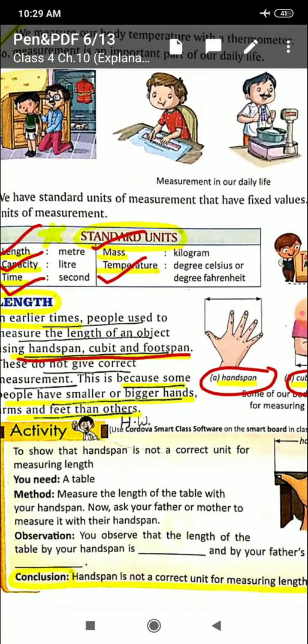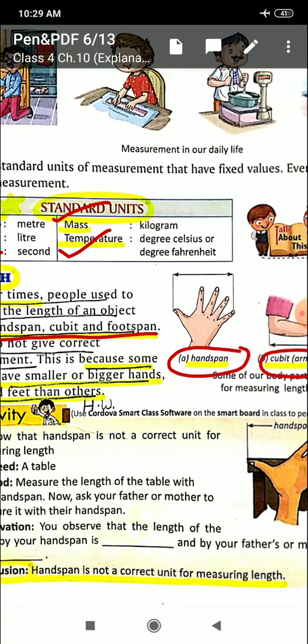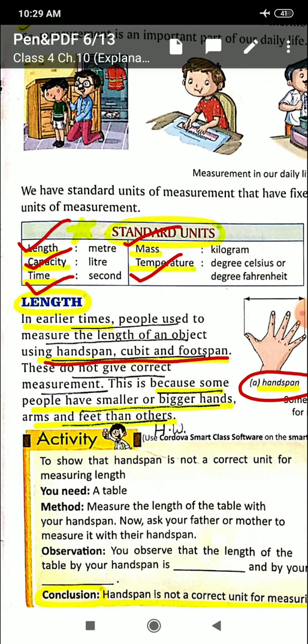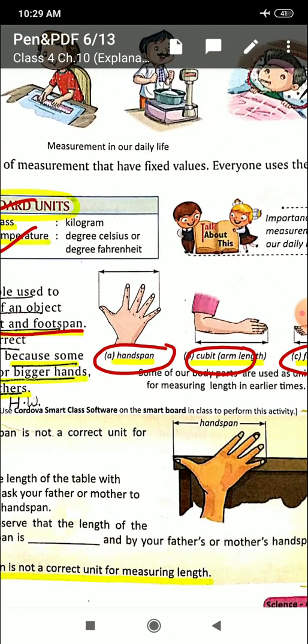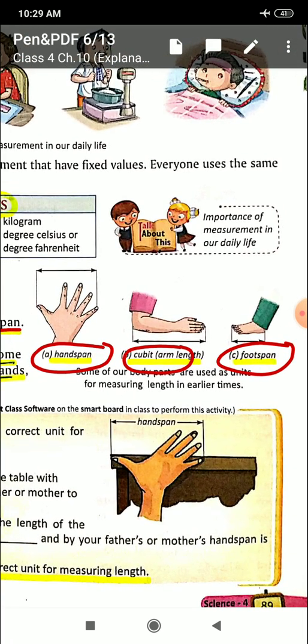Then what are the standard units of measurement? Length, meter; capacity, liter; time, second; mass, kilogram; temperature, degree Celsius or degree Fahrenheit. Then the topic length. Which are the non-standard or ancient instruments to measure length?